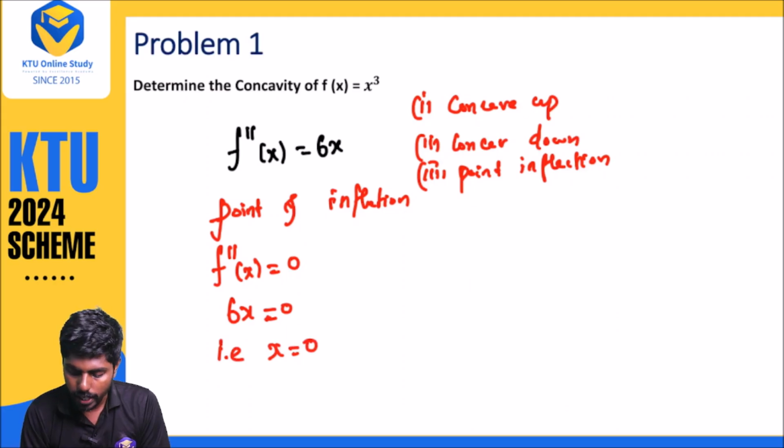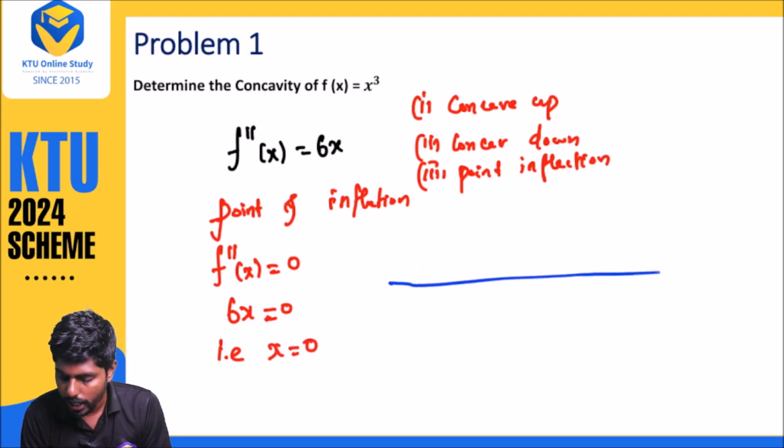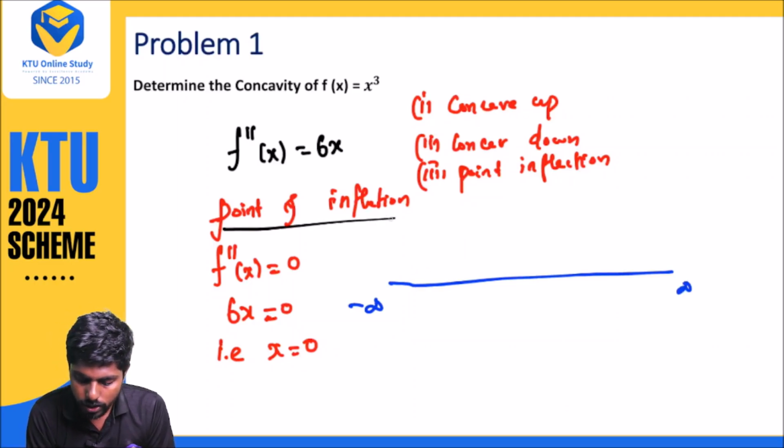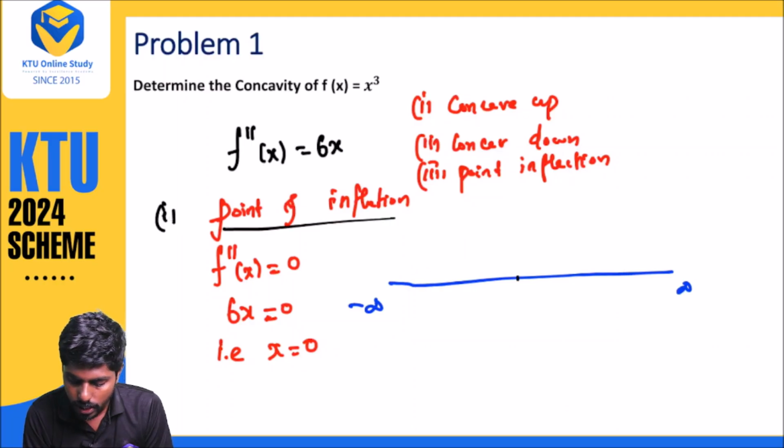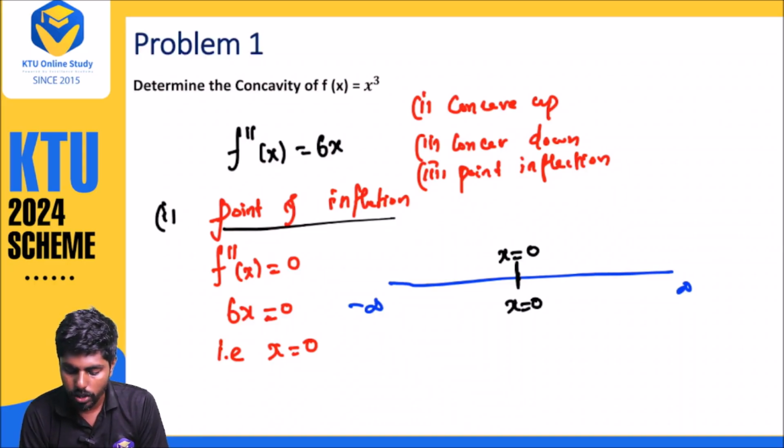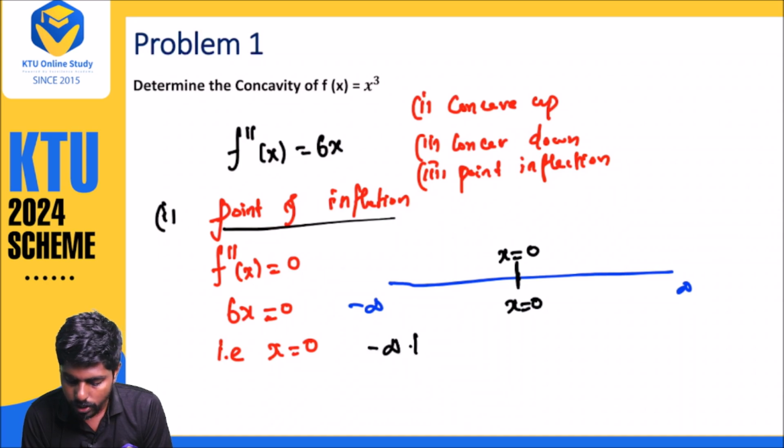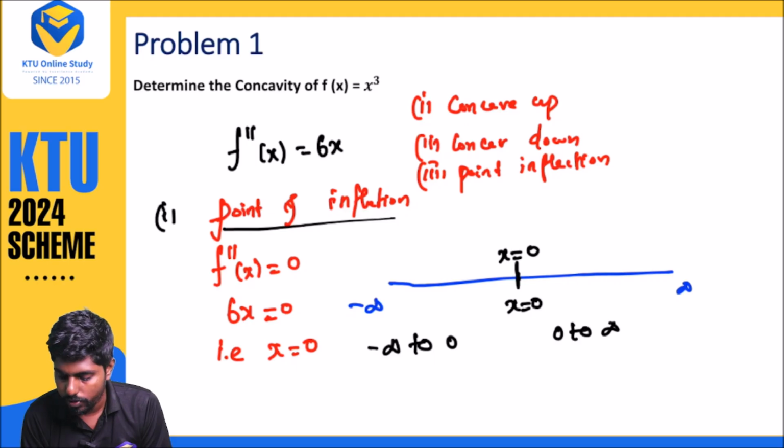We know the line. The line will be from minus infinity to infinity. The point of inflection is x equal to 0. So how can we write it? From minus infinity to 0 and from 0 to infinity.